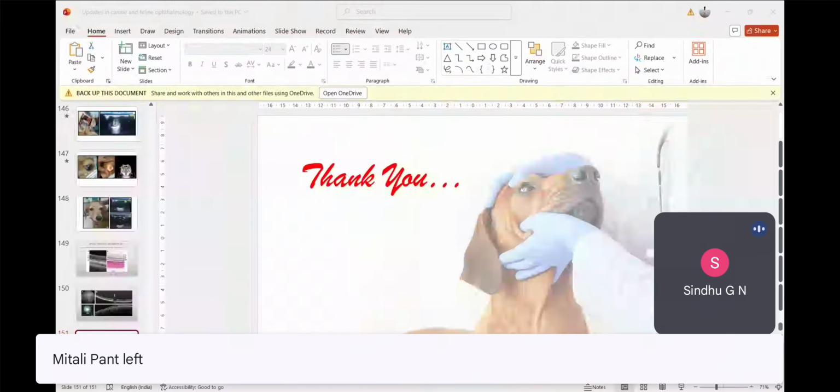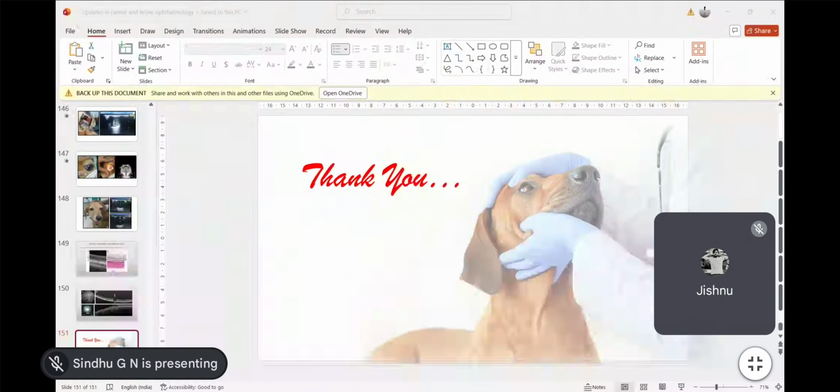So in FIP, there can be anterior uveitis, symptoms of anterior uveitis. Sometimes it can cause third eyelid elevation, unilateral or bilateral also. Anterior uveitis signs mean blepharospasm, pain, then miosis, and aqueous flare.